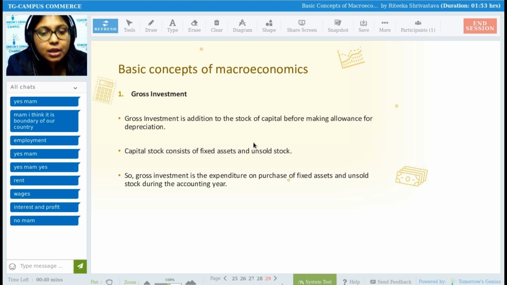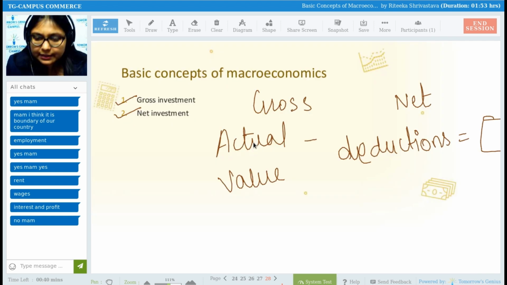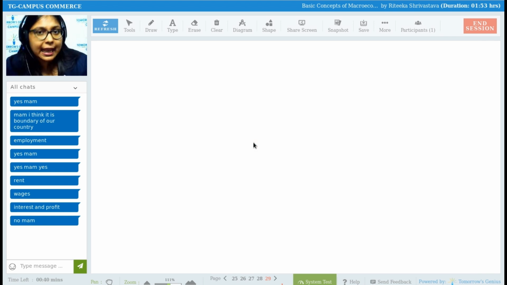What is gross investment? Gross investment is the addition to the stock of capital before making allowance for depreciation. I gave you an example where I took tax, but now let us understand it in terms of depreciation. Now I hope you know the meaning of depreciation. What do we mean by the term depreciation?